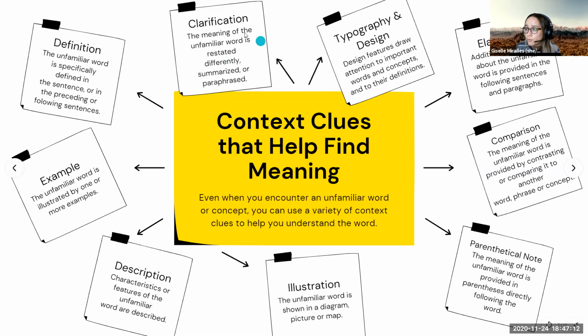So typography and design is definitely drawing your attention to different words and concepts and their definitions. So this is one version of context clues, too, if you could just look at the design and it might be trying to tell you where a definition is. So like I said, these are all different types of context clues that will help you find meaning as you're reading.